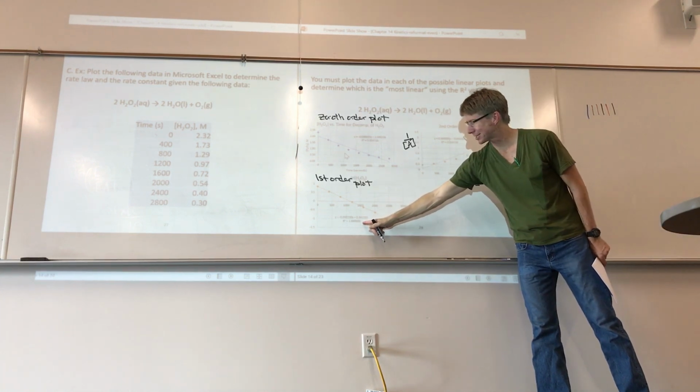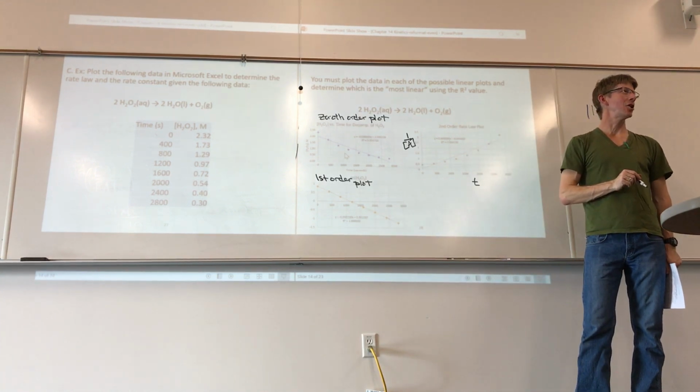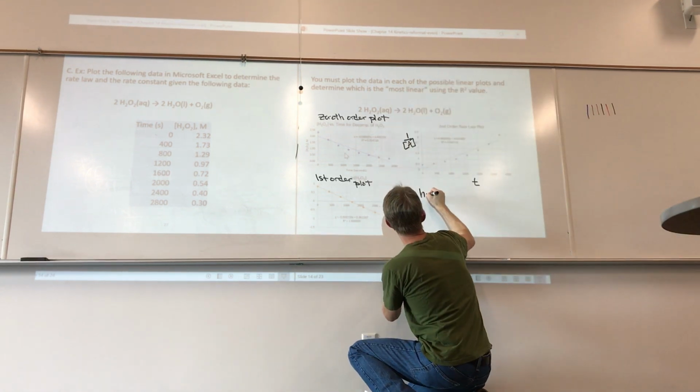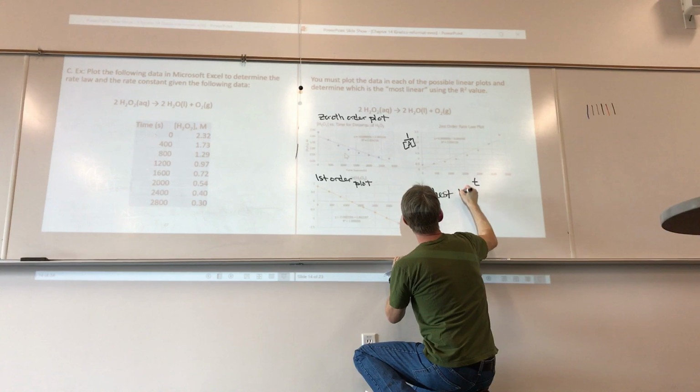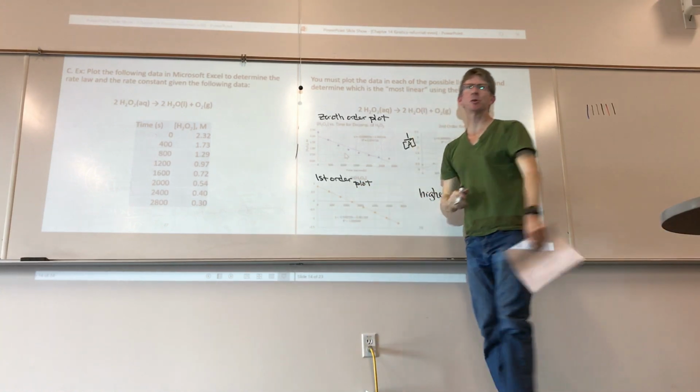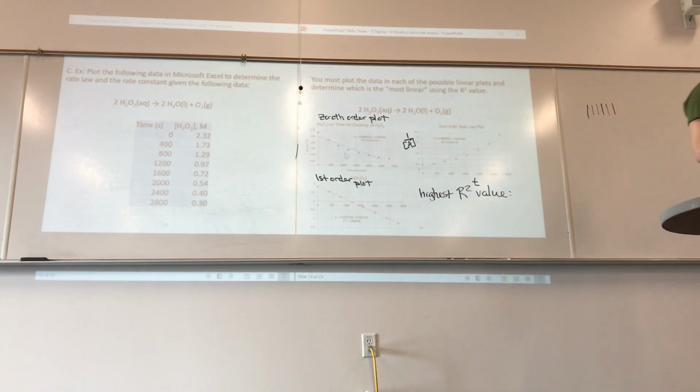Whichever one has the highest r² value, and if you were in my Chem 400, we did talk about r². What we said was that r² being closer to 1 means that the points fall closer to being on the line.